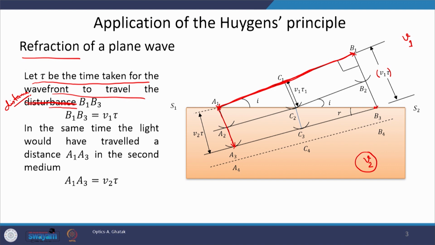Suppose the wave speed is V2 here, therefore in time tau it will travel a distance V2 tau. Therefore A1 A3 is equal to V2 into tau, and this is what is written here. B1 B3 is equal to V1 tau, while A1 A3 is equal to V2 tau, and A1 A3 would be different from B1 B3 because of different velocities.